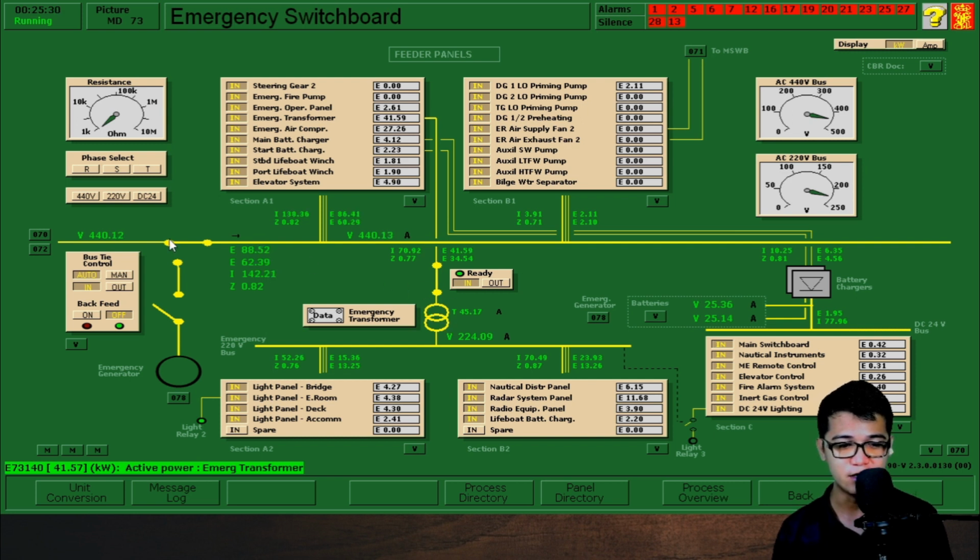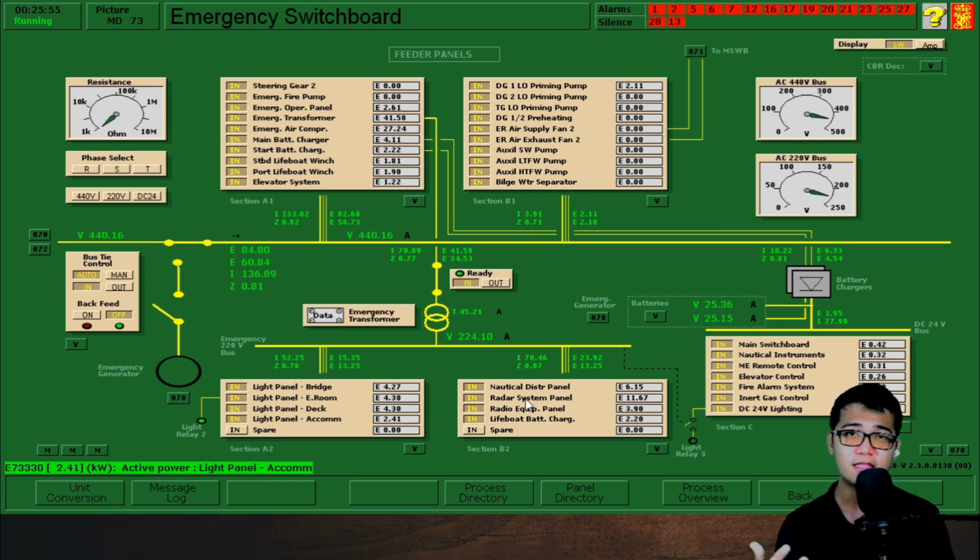So we notice that our emergency bus bar voltage is 440. Then after passing through our emergency transformer, it became 224. And this 224 volts powers the navigational lights or the light panel for the bridge, which are all essential services during emergencies.